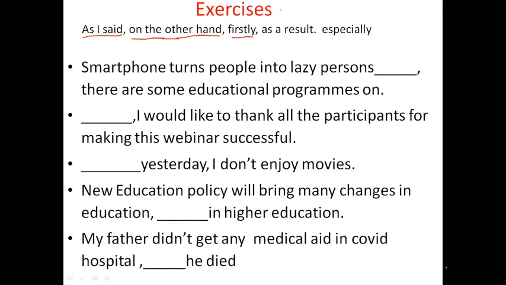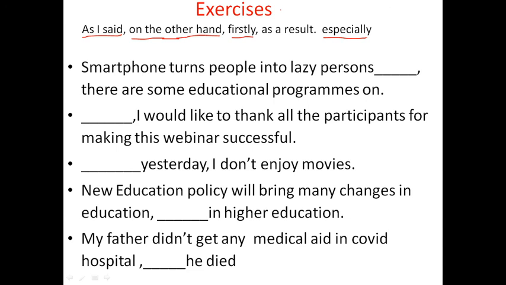Next: the new education policy will bring many changes in education, dash, in higher education. So the new NEP brings many changes in education, especially in higher education, because NEP has brought so many changes in higher education. The 10+2+3 system also changed.